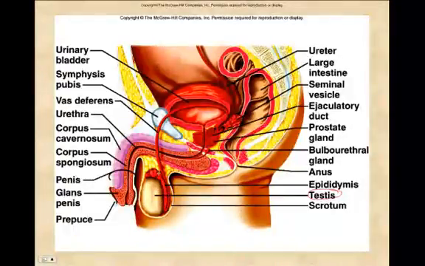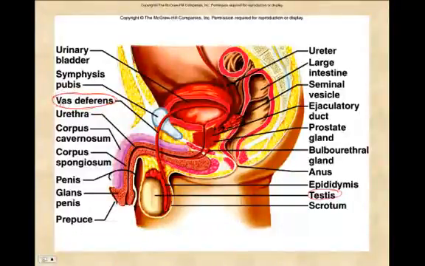Okay, so from there, the sperm will be moved into the epididymis, where the sperm will mature, and then they'll be moved into the vas deferens, or ductus deferens. It's the same thing, just different books use different terms.